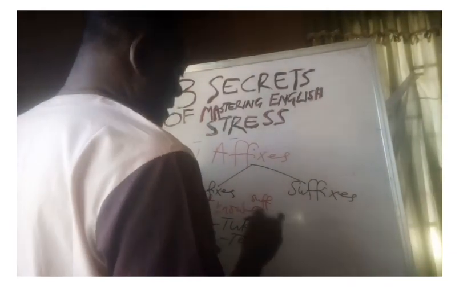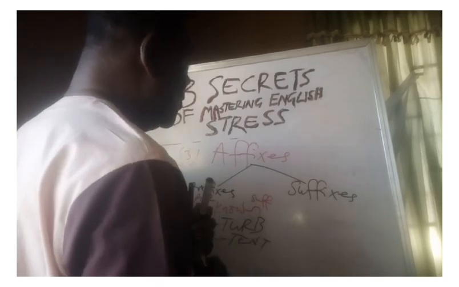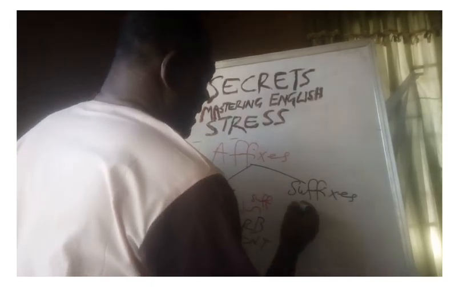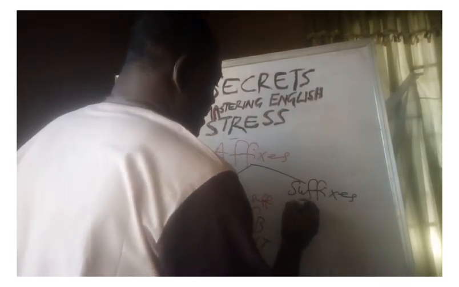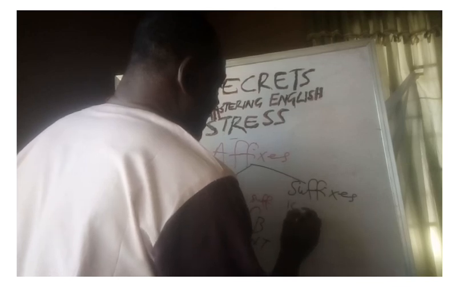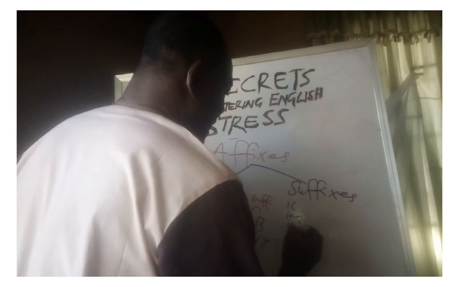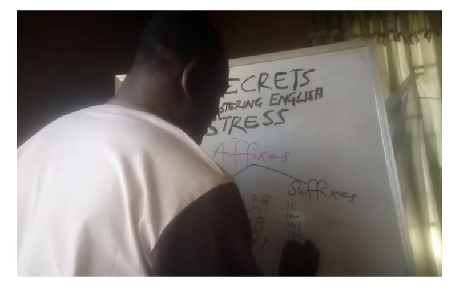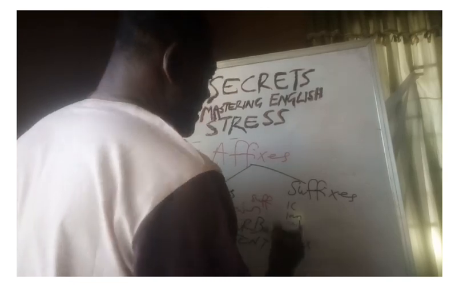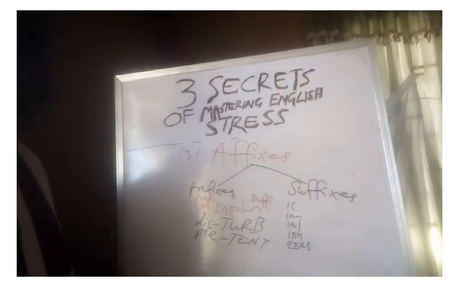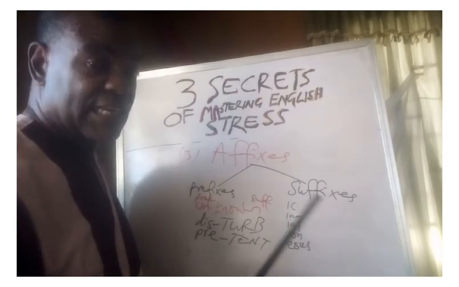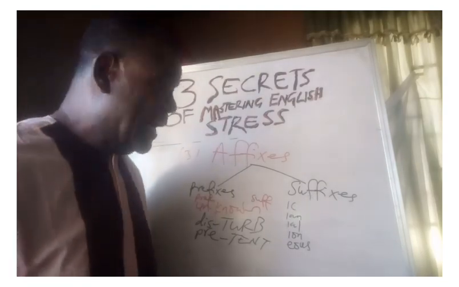Now we have also a rule: the first rule is that words that end in IC, IAN, IAL, ION, EOUS are always stressed on the second syllable from the end of the word.